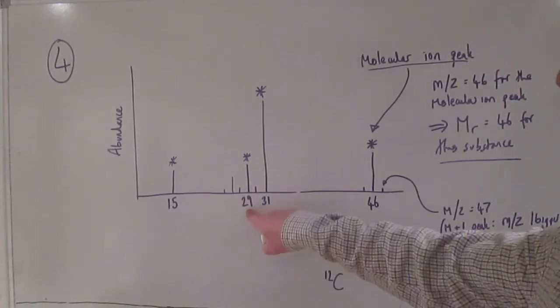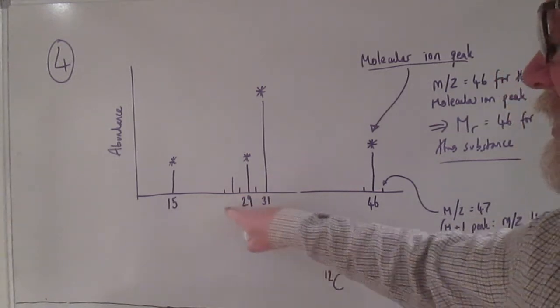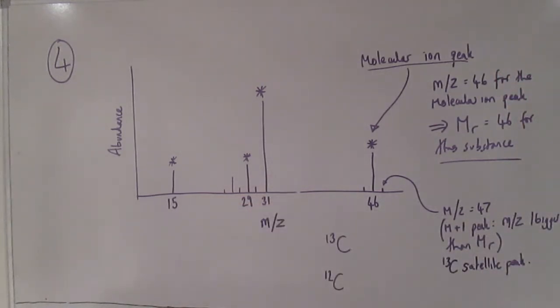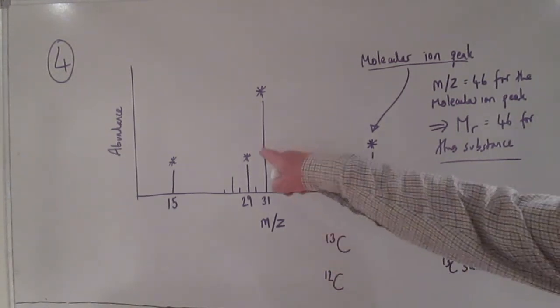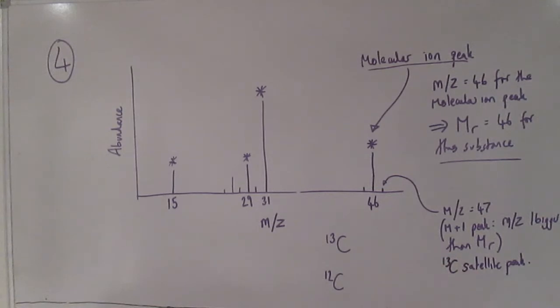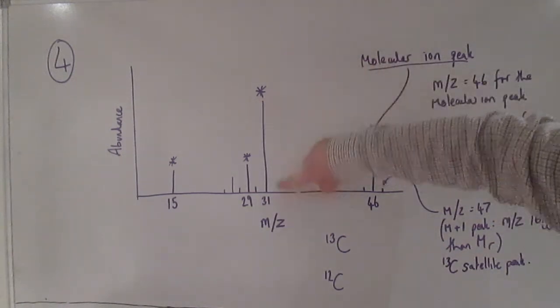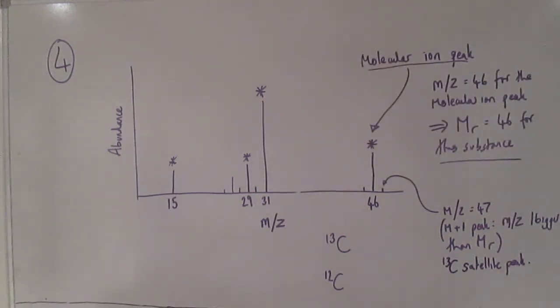Normally, actually, the peaks at 29 and 15 you would probably ignore because, again, they're quite low in intensity, and those peaks are dangerous because they can result from all kinds of things going on that are not easy to explain. So in the context of this question, you're asked to explain them, and we'll see that's quite easy to do. But more generally, it's these kind of peaks, the big tall ones, those are going to be the ones you're going to focus on.